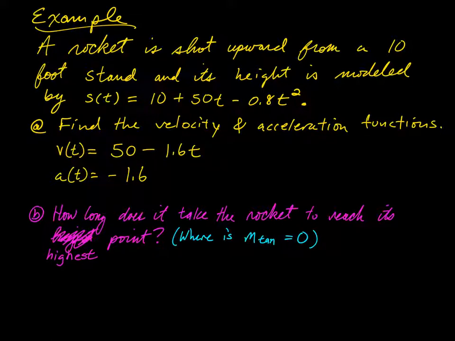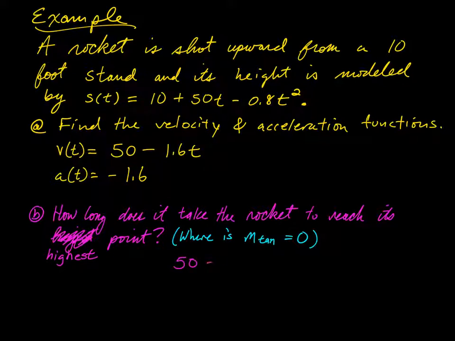So what we can do is that we know the derivative of the position function is the velocity function. So if we're trying to find out where the slope of the tangent line equals 0, then we can set the velocity function equal to 0 and solve for t.